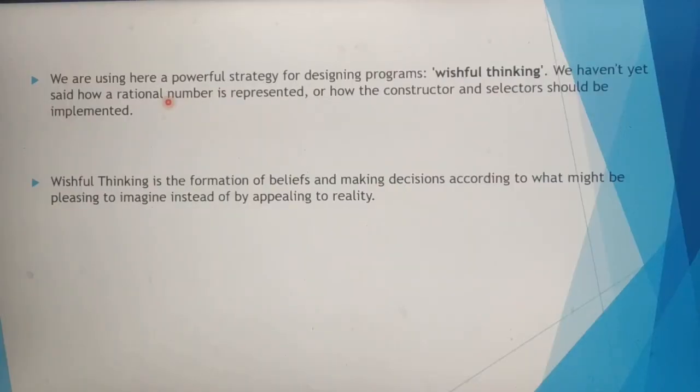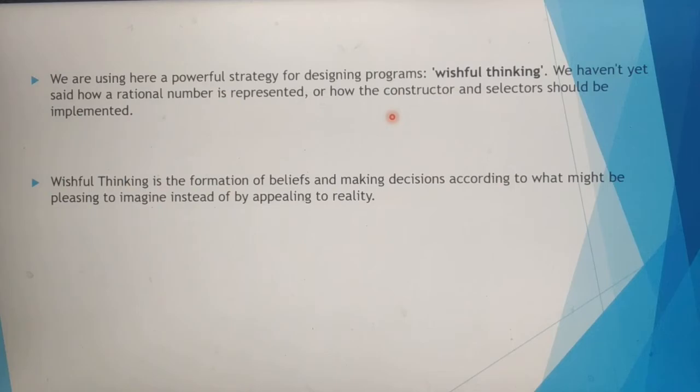Here we have used a powerful strategy for designing this program, called wishful thinking. Wishful thinking means we do not rely on evidence or reality values. We just imagine those things and take decisions. Here we haven't yet said how the rational numbers are represented or how the constructors and selectors are implemented.